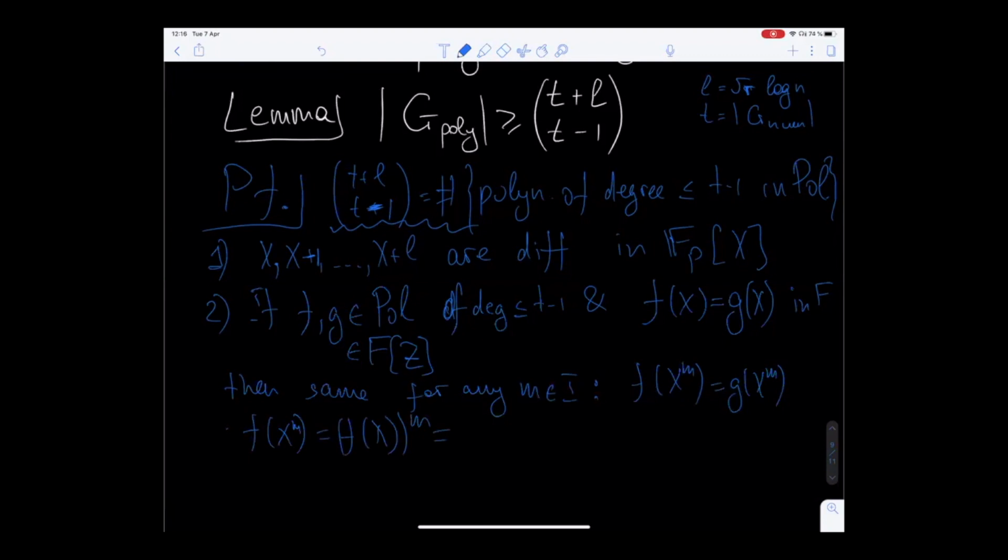Now we can use the identity that we have above, g of x to the m. So this is the proof for this thing.